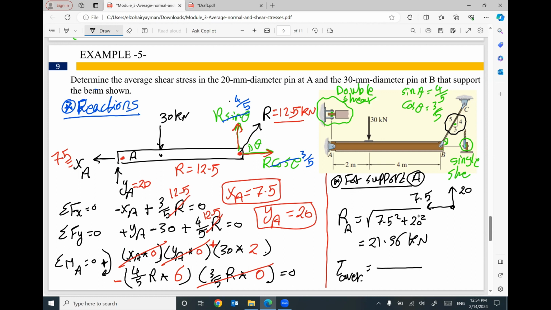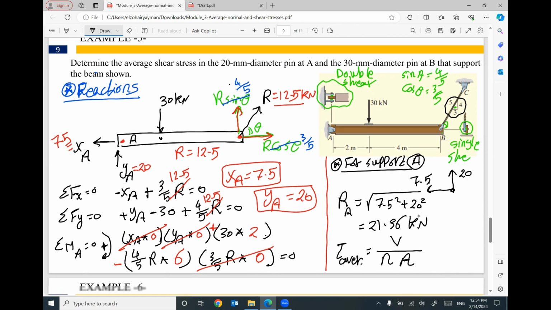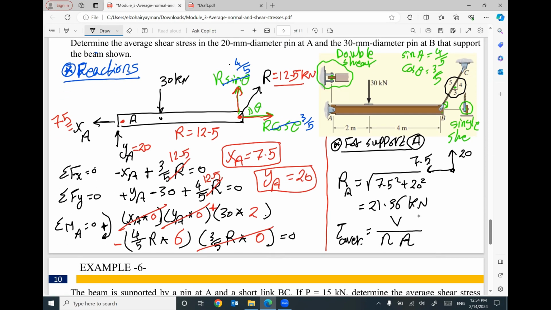Keep in your mind the average shear stress equals the applied force V divided by N times area. We are talking about support A. So the applied force equals 21.36 kilonewton.